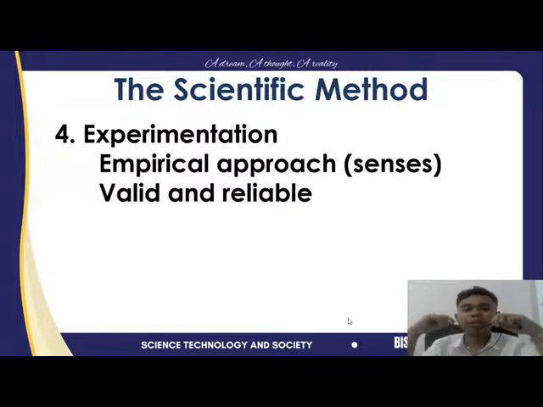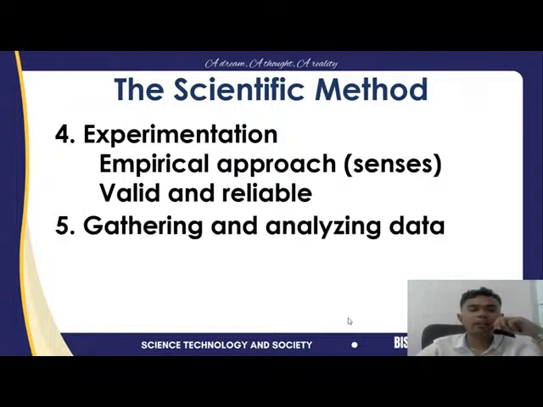Maybe you conducted the experiment today, and when you repeat the same experiment tomorrow, it gives you a different result. That means there's a question with regards to the reliability of your experimentation. Again, reliability pertains to the consistency of your measurements.